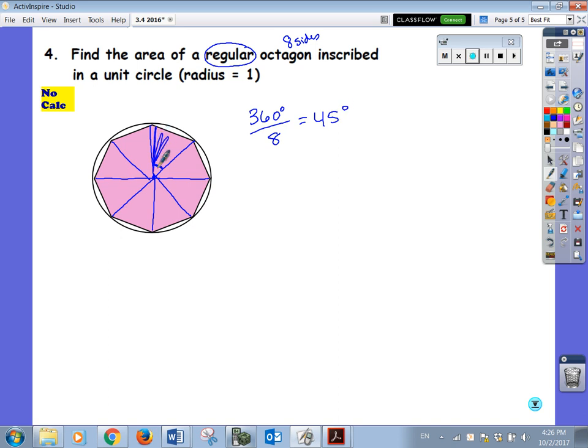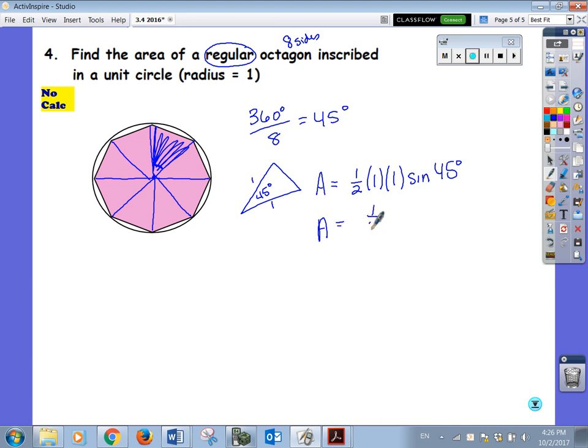So if I bring this one triangle out, this is 45 degrees. It said it was a unit circle, so this side is 1, this side is 1. So the area of that one triangle is 1/2 times 1 times 1 times the sine of the included angle. So again, it's a number on our unit circle, so we don't use a calculator.